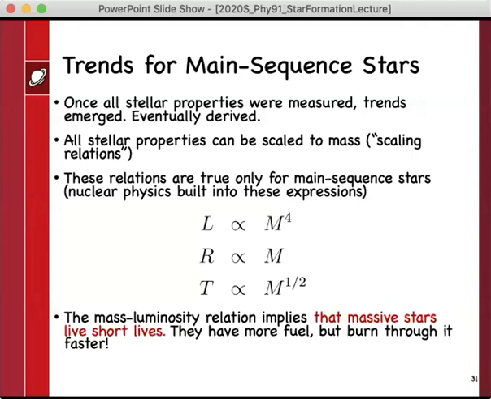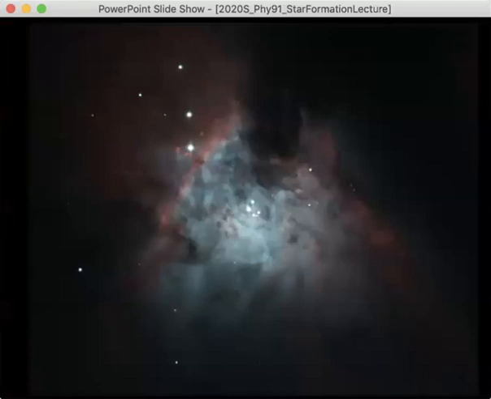So big stars live short lives, which is why when we look at things like the Orion Nebula, which has this very bright trapezium of stars, super, super big, bright stars, I know that those stars can't be more than a few million years old. Because if they were any older, they would have already burned through all their fuel. They would have already died.